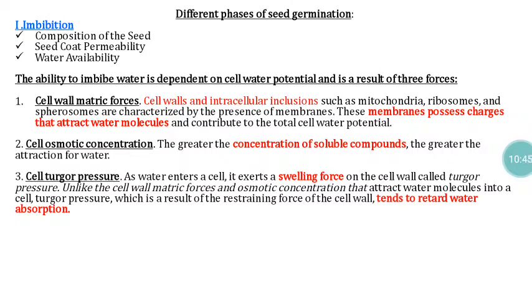Suppose the endosperm is fully packed with porous carbohydrate, devoid of any fiber matter, then there also we can expect a faster rate of water entry into the seed system.